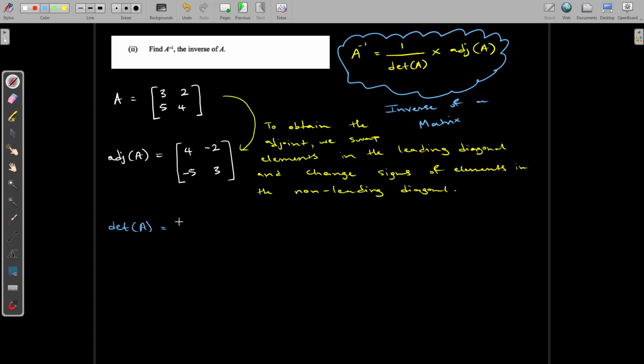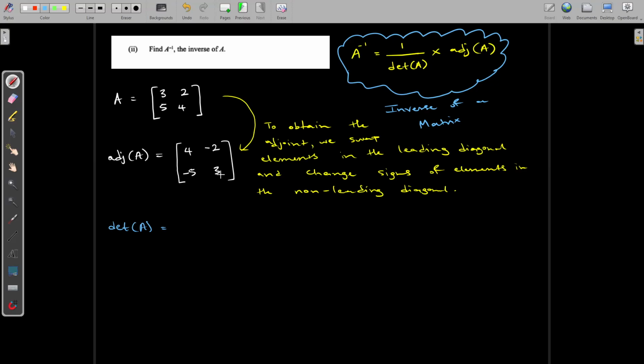Determinant. How do we find the determinant now? The leading diagonal subtract the non-leading diagonal. So we multiply the leading diagonal, and then we subtract the multiplication of the non-leading.